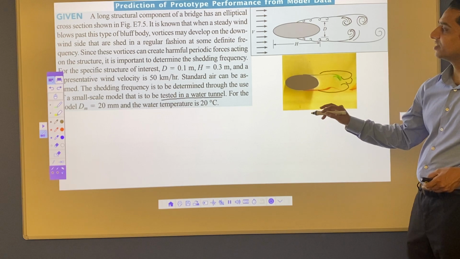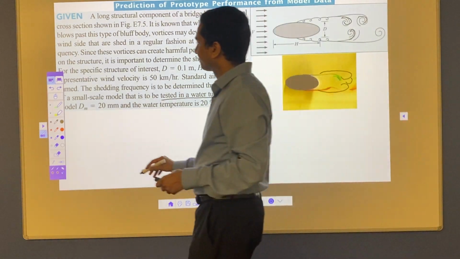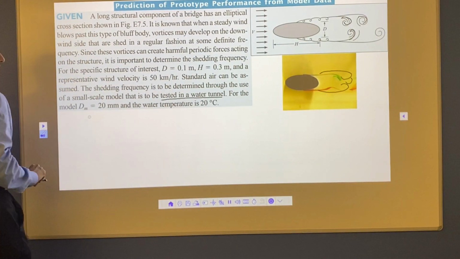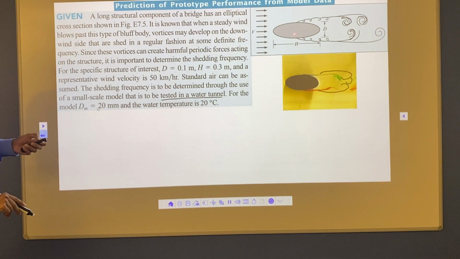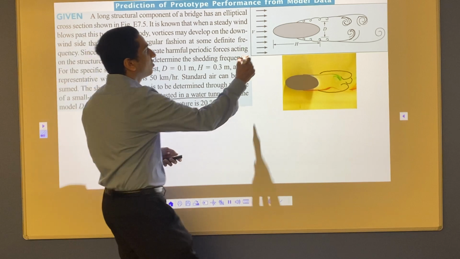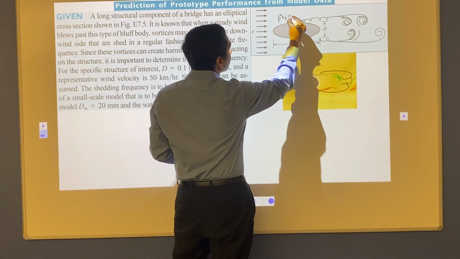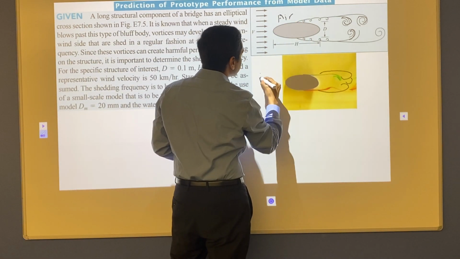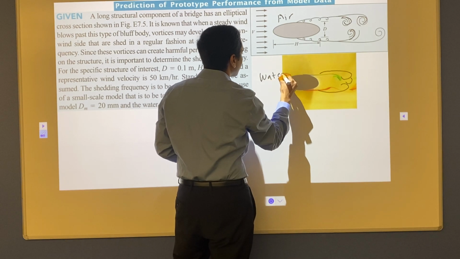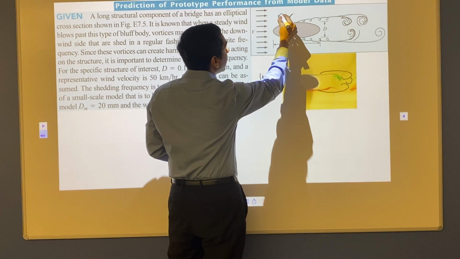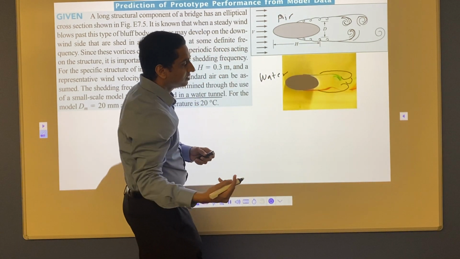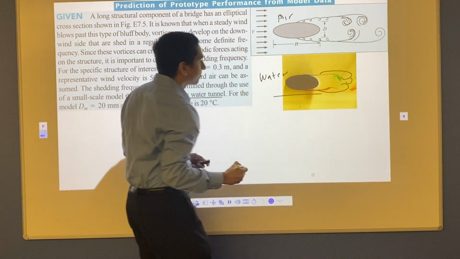So what's happening here is that we have to test this component in the water. So this one is standard air. So I have air here, and this one is water. So actual thing will be in the air. Testing is done in the water.